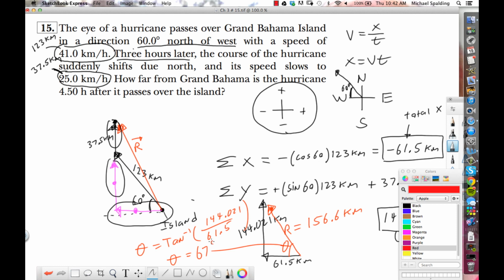And which way is that? 67 degrees northwest. So the hurricane, from the time it passed the island, is 156.6 kilometers away at 67 degrees northwest.